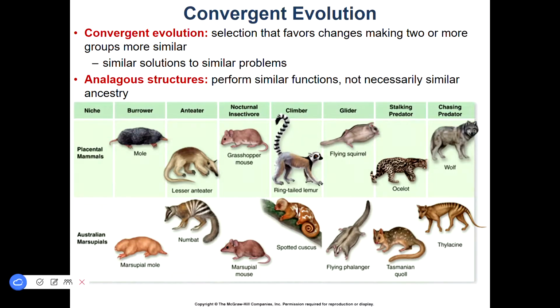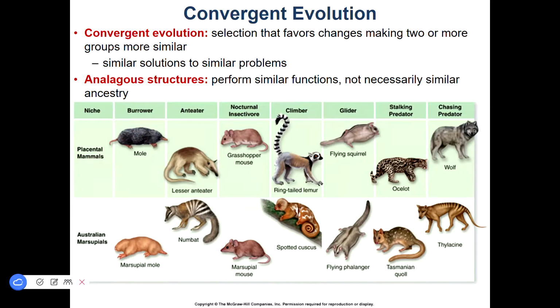Same with mammals and marsupials. We have the placental mole and the marsupial mole. They both have specialized claws for digging, and they are both blind because they live underground. They do not need to see. We have climbers like the ring-tailed lemur and other lemurs that live on Madagascar, and the spotted cuscus.